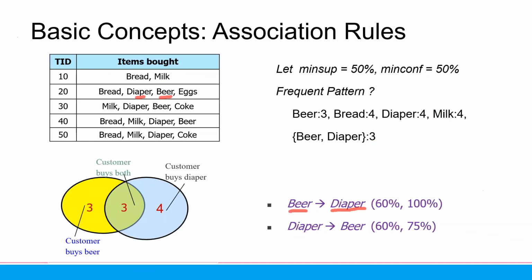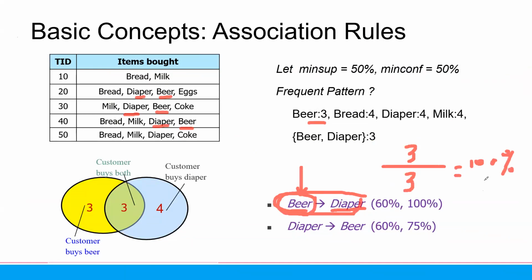Based on the formula, there are 3 beer, diaper. And then I want to check how many people bought only beer. So we have 3. Then it is 100% for the confidence.